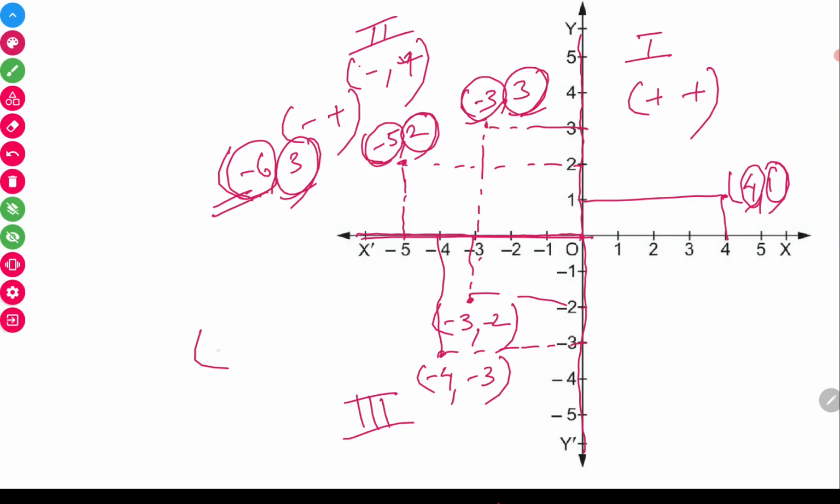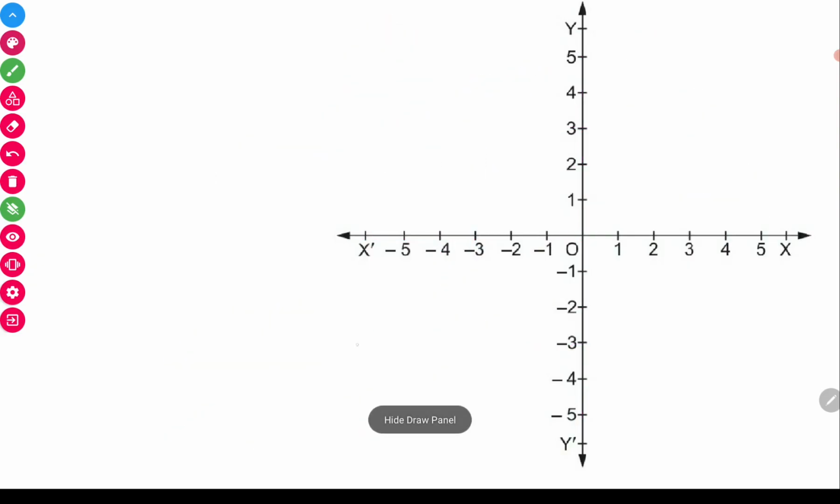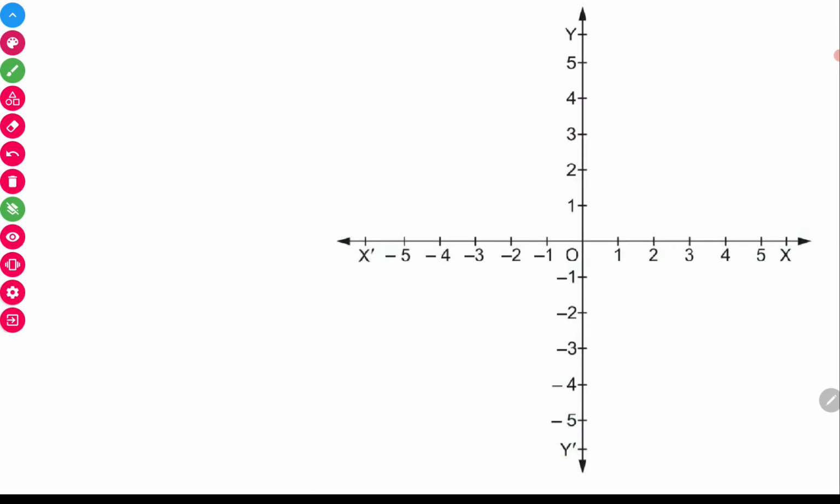So if -5, -6 is given, if both the numbers are negative, you can say this point lies in the third quadrant. Any point with both x and y negative lies in what? Third quadrant.